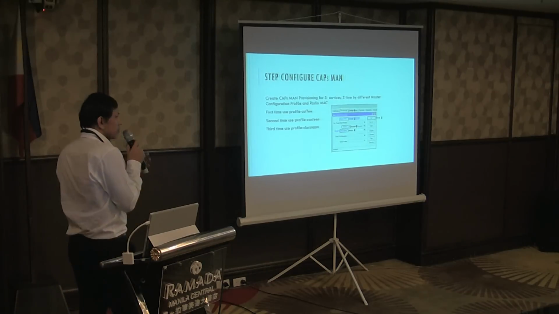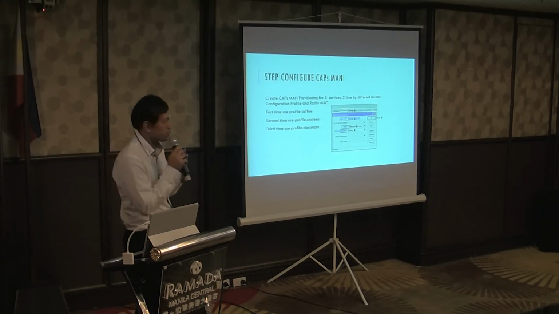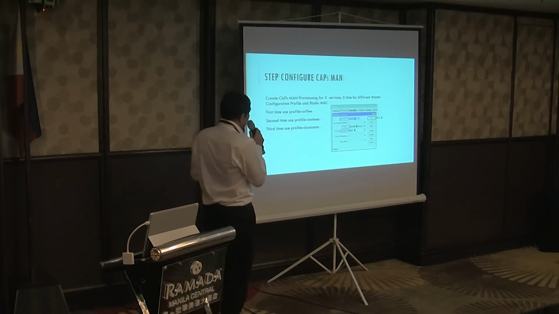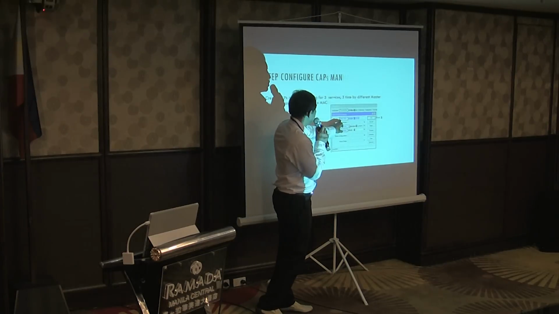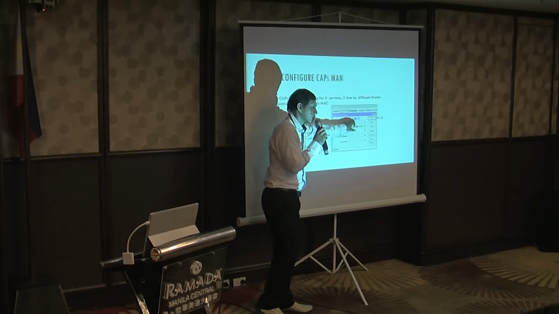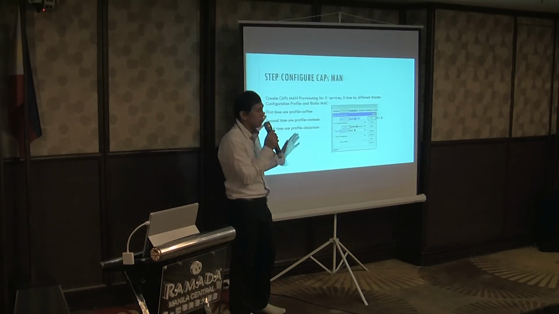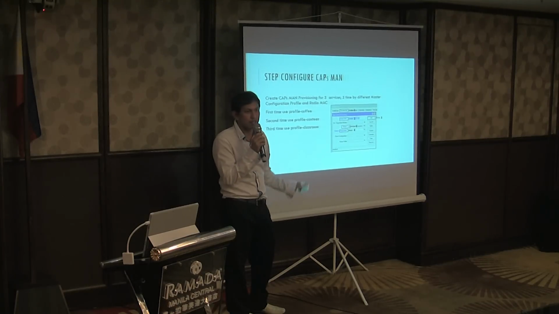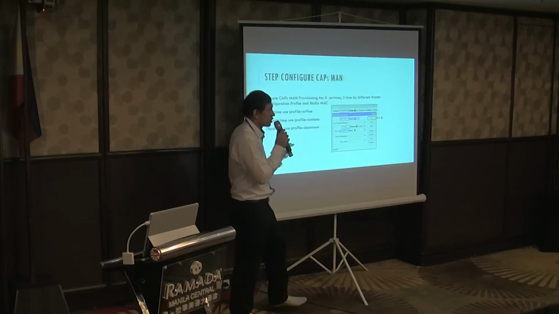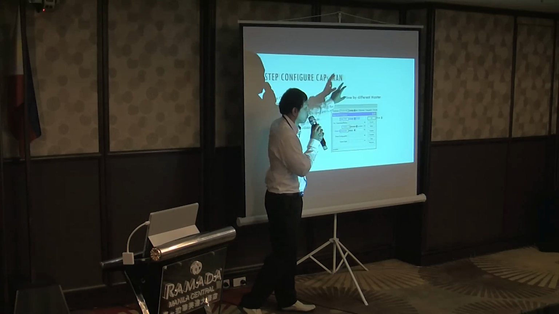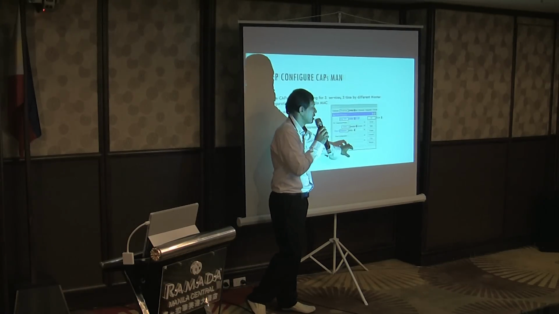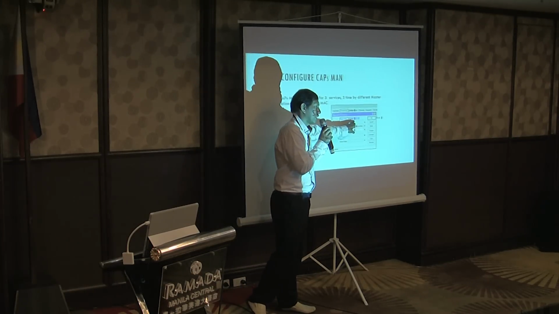Then, after you finish configuring the profile, you can go to the provisioning. When you go to provisioning, if you use the radio MAC address 0, 0, 0, 0, it means every access point must get configuration on this. But if you want to specify an access point like CAP1, CAP2, or CAP3, you have to specify the radio MAC address.